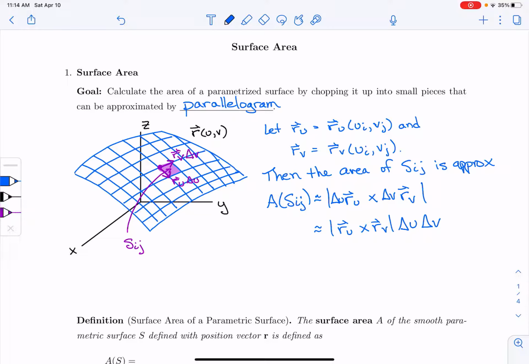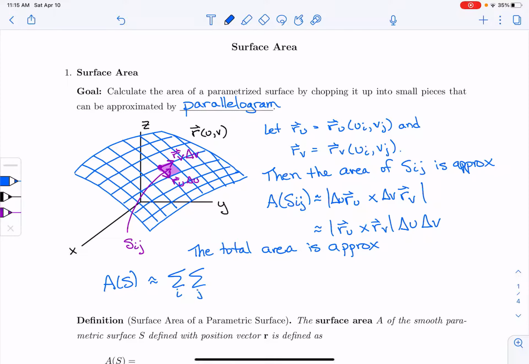Okay, so now I've found the area of one piece of the surface, S sub ij. And now I can sum over all the possible pieces to find the area of that surface. So the total area is going to be approximately the sum over i and the sum over j.